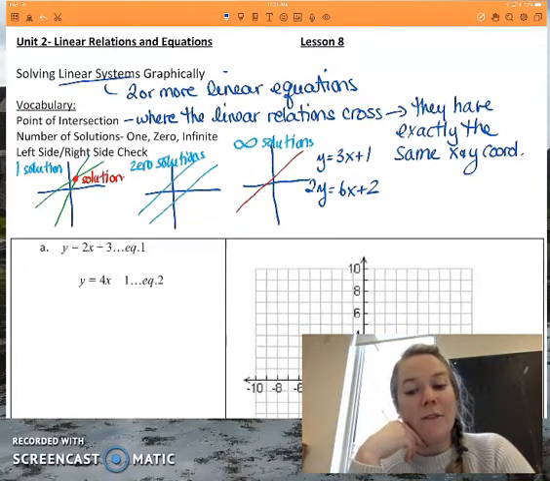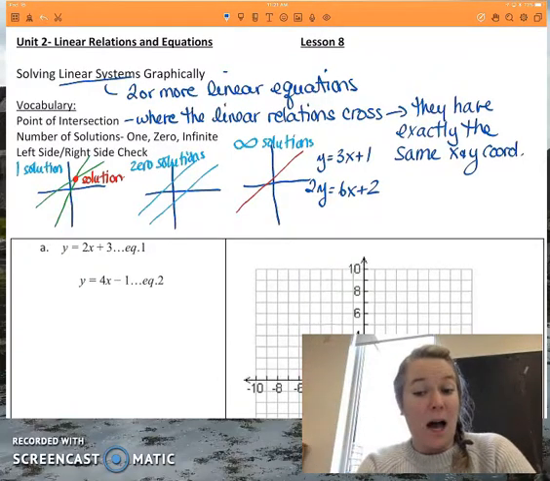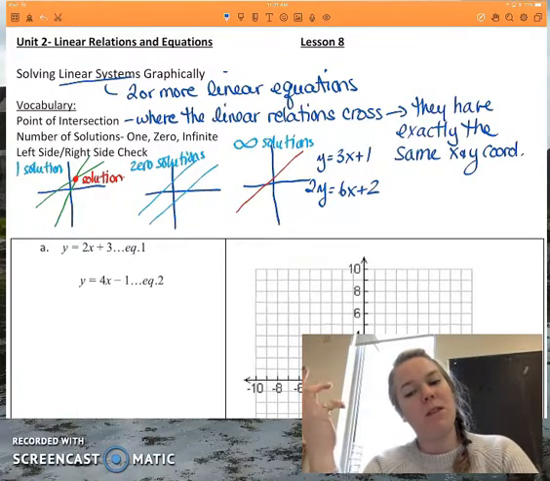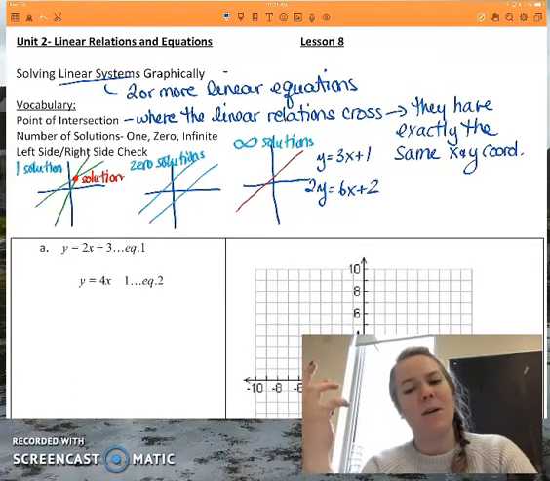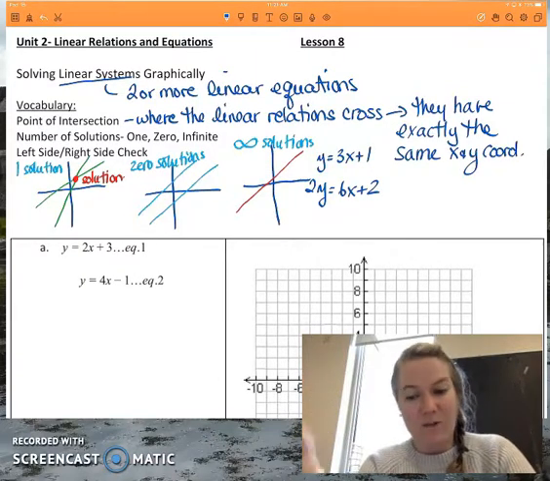If you graph those, you will find that they're exactly the same line. So they're two different equations, but they simplify to the exact same line, which means that every point on that line is on every other line.